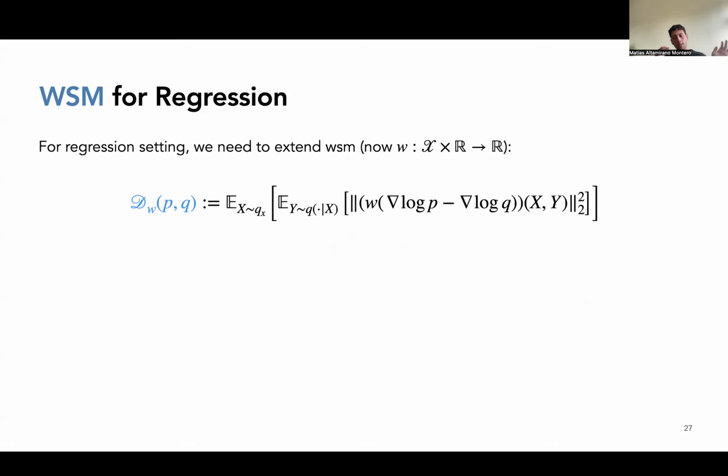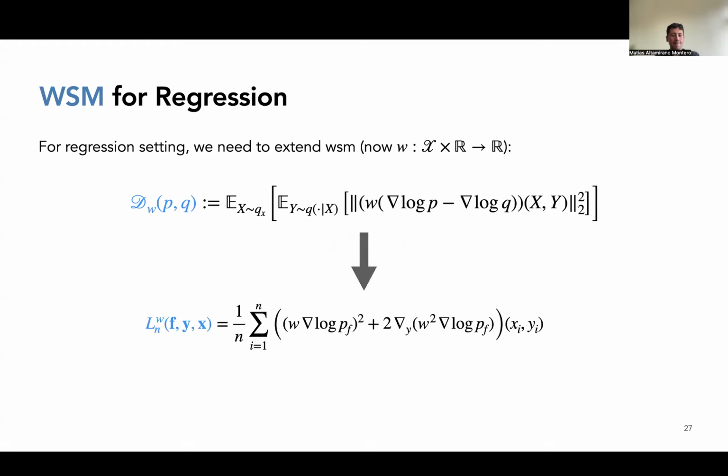Now your weights depend on both X and Y. You can do exactly the same tricks as before. This follows super naturally. As I said, it's just integration by parts, and then you end up with a similar loss function. But now rather than p theta, you have p of your model, which is the likelihood of p of y given x.